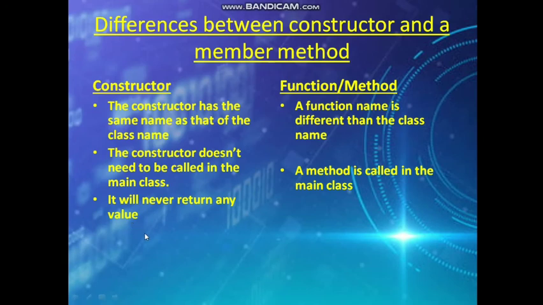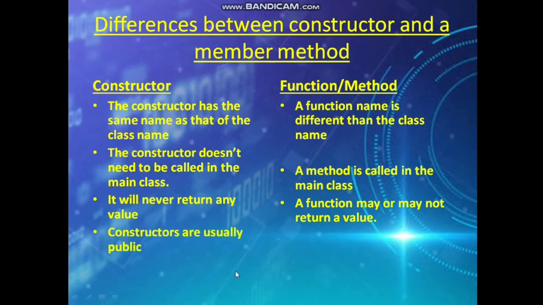That is why while defining the constructor, not even void do we mention. Then a function may or may not return a value. Whenever the function is returning a value, then it will have a return type, that is int, float, etc. If the function is not returning any value, then we mention void.